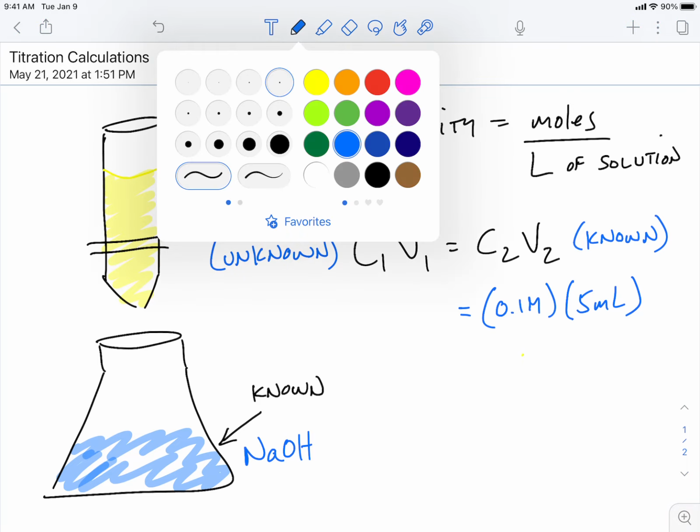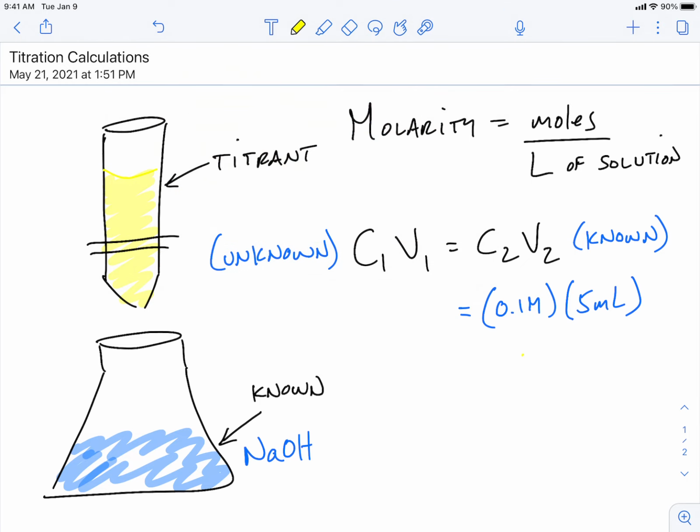Then when we titrated our sample, what we kept track of was the volume that we used. Let's say we used 8 milliliters of our yellow titrant, which was the hydrochloric acid.